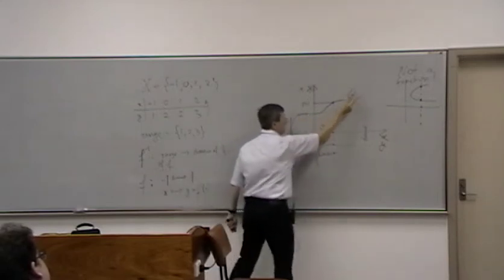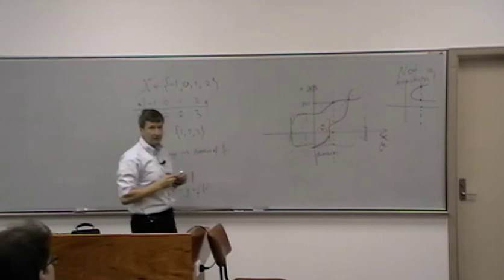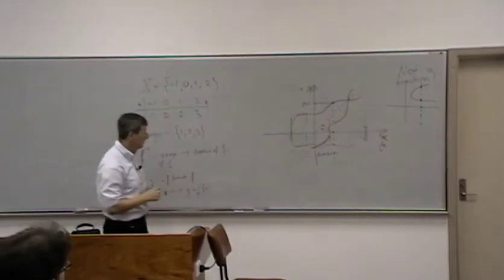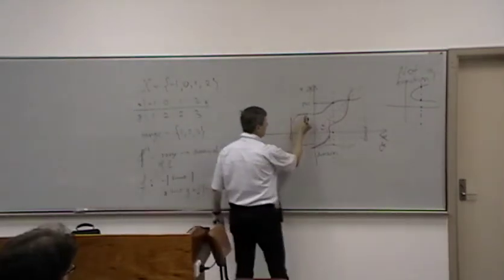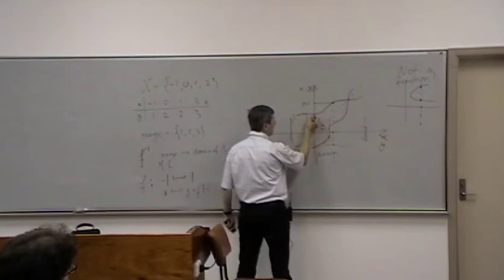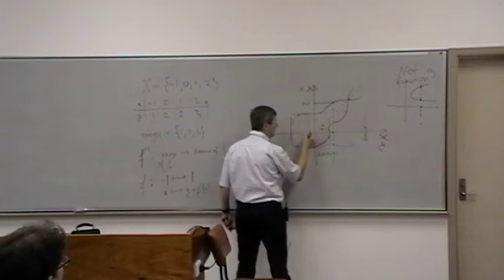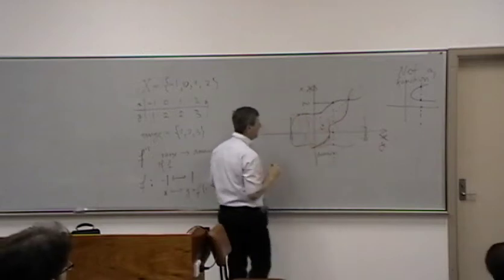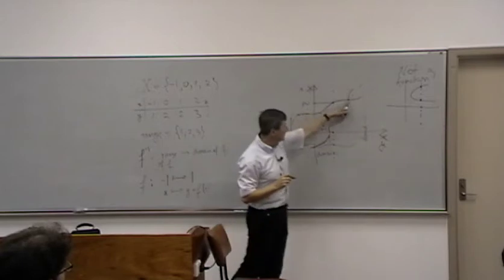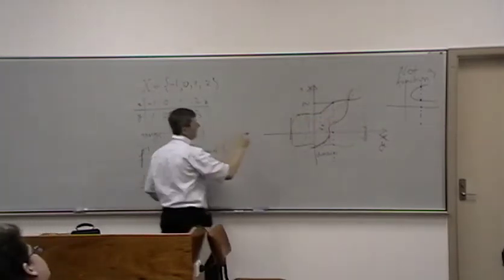Flipping around these axes, horizontal becomes vertical, vertical becomes horizontal. So for that output, we have several inputs which produce the same outputs. So this is the graph of a function, but not of a one-to-one function.